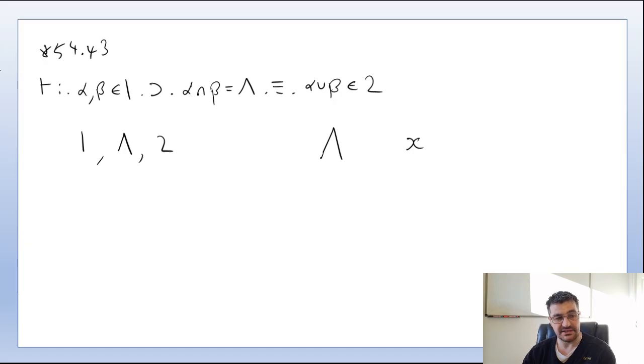I can fix lambda to a particular type in various ways. There's ways of supplementing this notation, so I might be able to say lambda sub x, which would indicate that lambda is a class which belongs to the same type as those classes whose members are the same type as x.